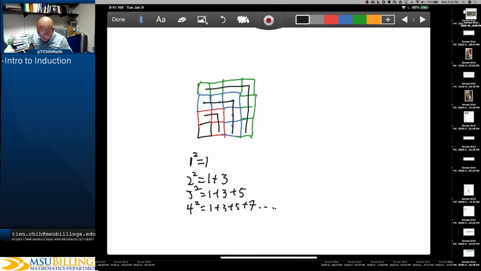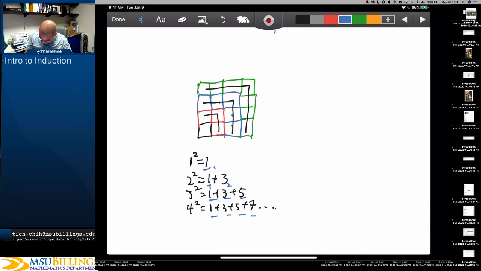So it seems like what I want to say here is that the sum of the first n odds, right? Let's label these. That's 1, that's 1, 2, 1, 2, 3, 1, 2, 3, 4. The sum of the first n odds is n squared.